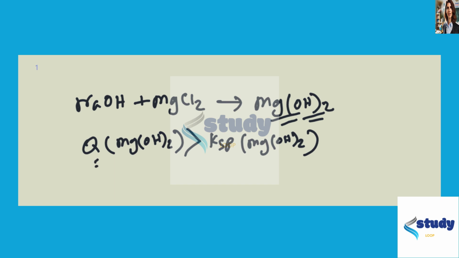So to find the Q value, we have to know the concentration of magnesium ion and OH ion in the mixture. The initial concentration for the hydroxide ion, we are given the pOH value for the sodium hydroxide as 2.58.